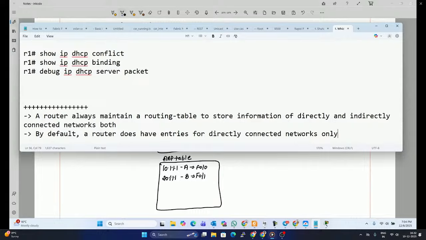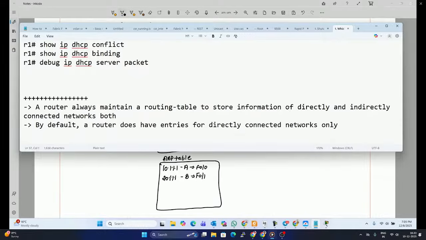It only knows about directly connected ones. For indirectly connected networks, we have to configure IP routing.